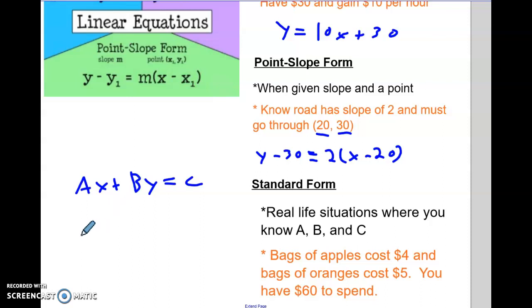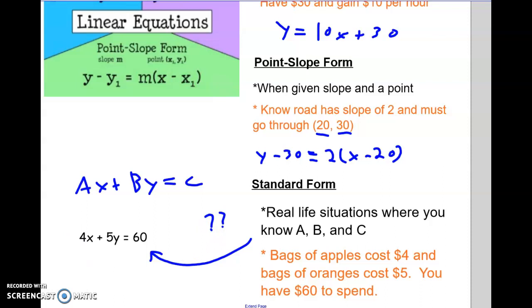The equation that would work there would just be 4 times however many bags of apples you're going to get plus 5 times however many oranges, and that has to be a total of $60. Okay, so this is just one example where it's going to be a lot easier. Like if we had to figure out the slope there for slope-intercept form, what would it be? Zoom, it would be a question mark, right? We'd have to do some work to figure it out. But if we can write any form that we want, boom, might as well just do standard form. It's a lot easier.